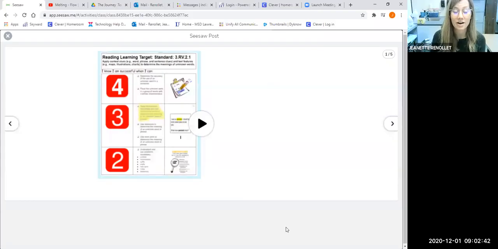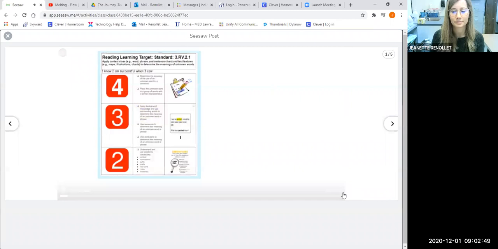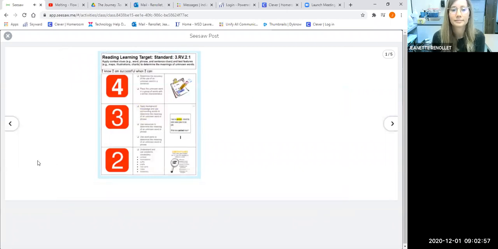We're going to start our lesson today on December 1st about context clues. Today our skill will be apply background knowledge and use surrounding words to determine the meaning of an unknown word or phrase.